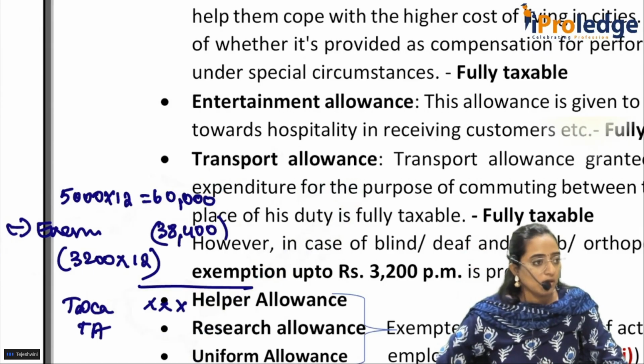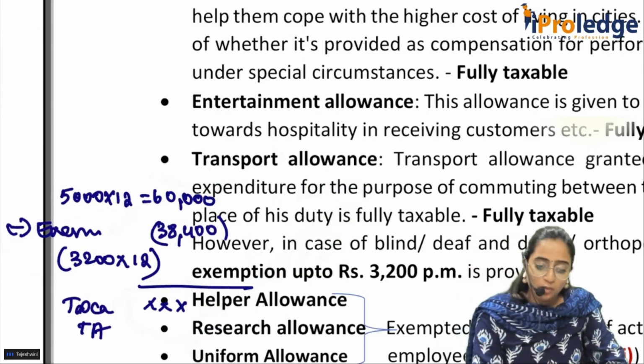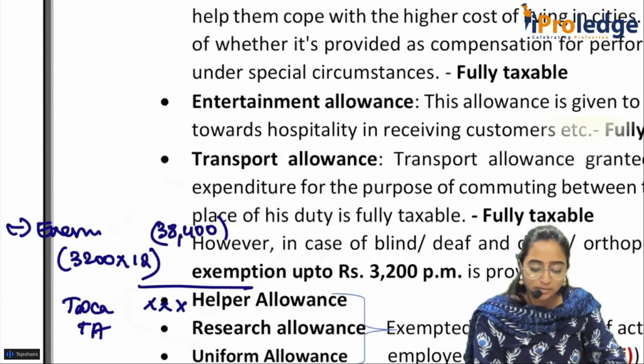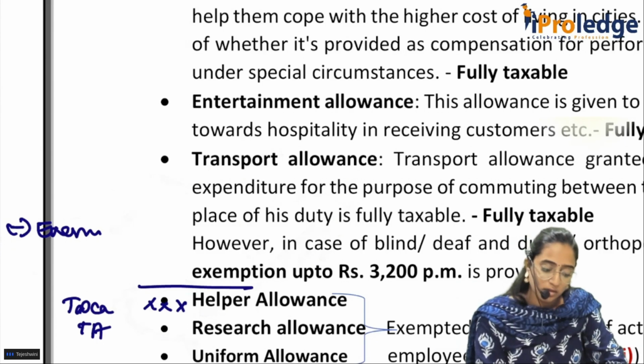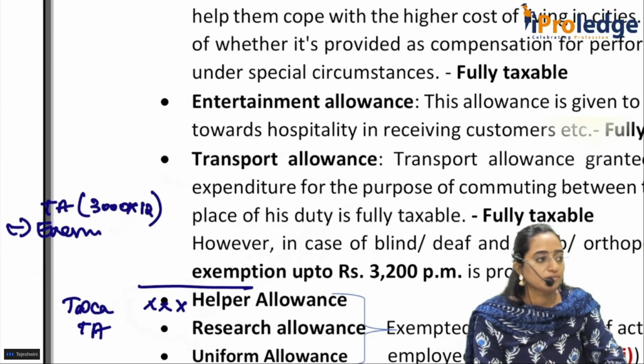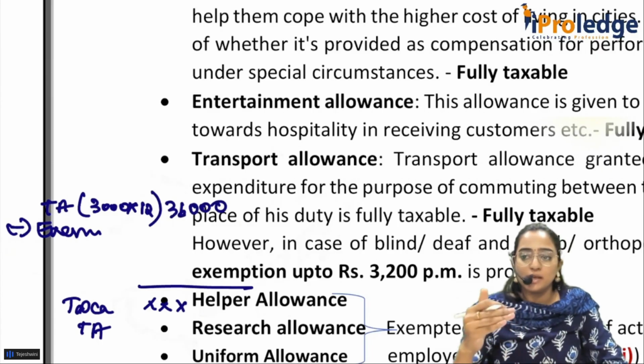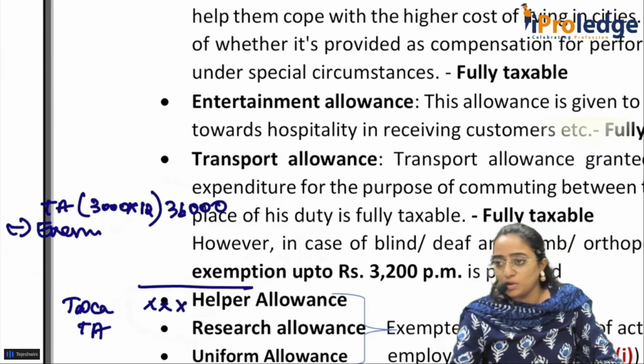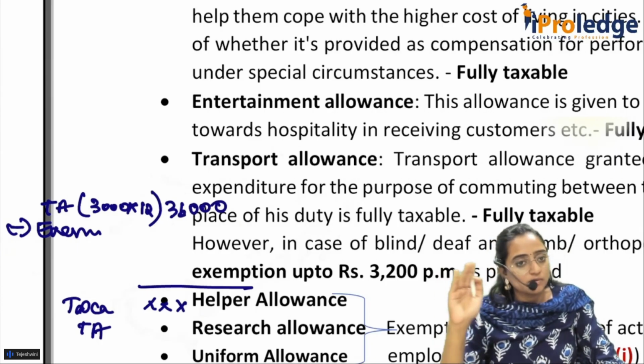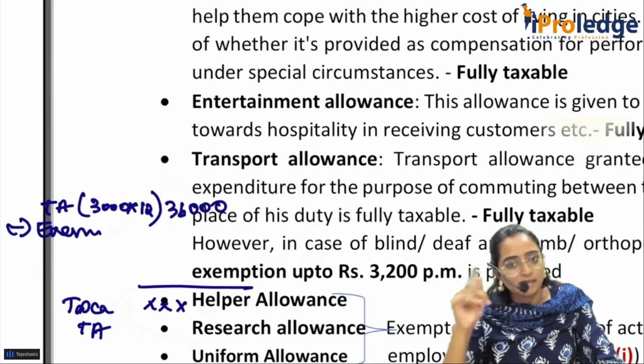Understood, everyone? Suppose you have received only 3,000. Transport allowance received is 3,000 multiplied by 12, which is 36,000. The exemption can be taken up to 3,200. That means 3,200 is not the minimum amount, it's the maximum amount.